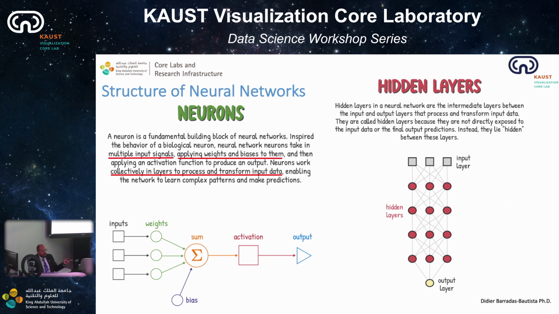Now, when we're talking about deep learning, I was talking about a lot of neurons. So a neuron, an artificial neuron, as depicted in this diagram here, it's just a bunch of things that happen one after another. It has an input, it has an output. Between them, there is something called weights.